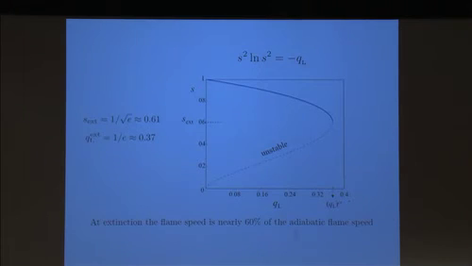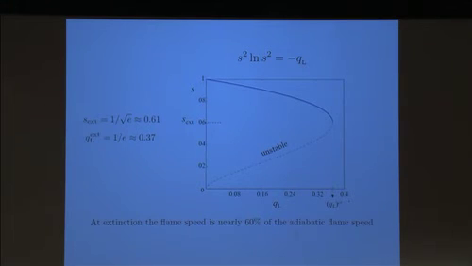Now, what this picture tells you is the following. As you increase the heat loss, the propagation speed decreases, as you would expect, of course. But there comes a point where if you try to increase the heat loss further, there is no solution. In other words, there is no steady flame that can be sustained when the heat loss is bigger than a certain value here. So that point would correspond to what we refer to as extinction.